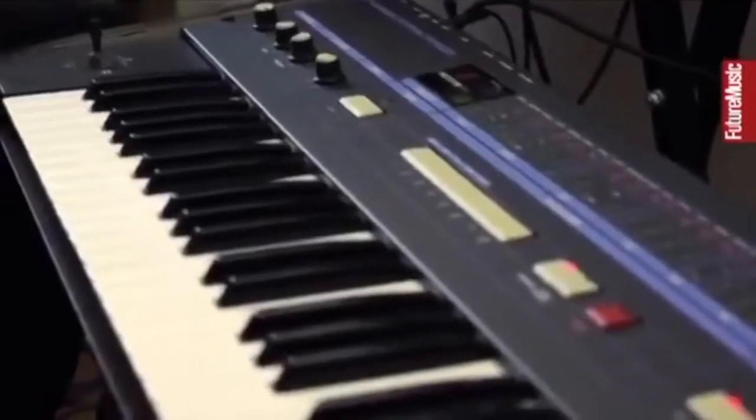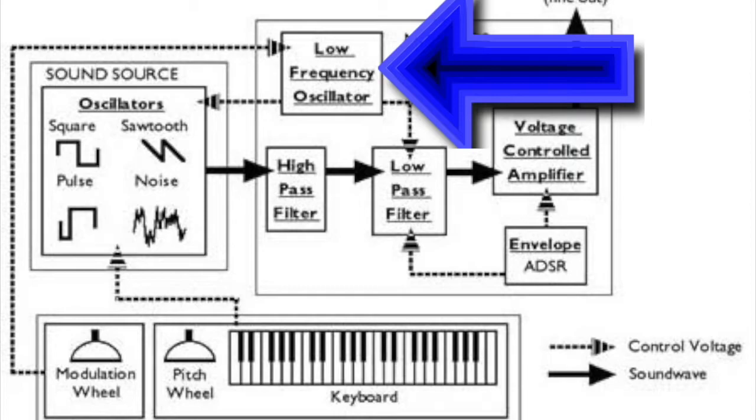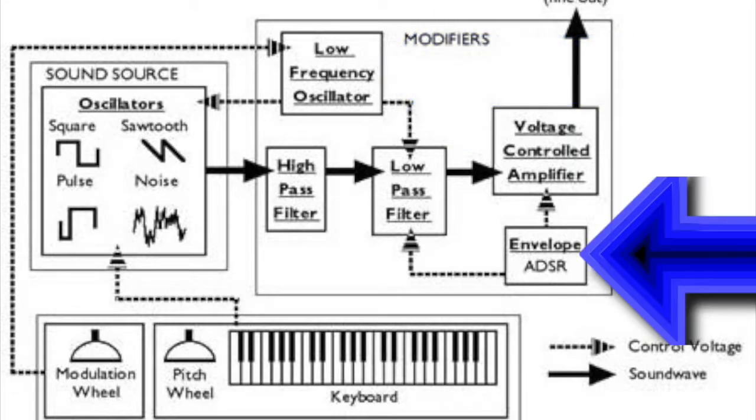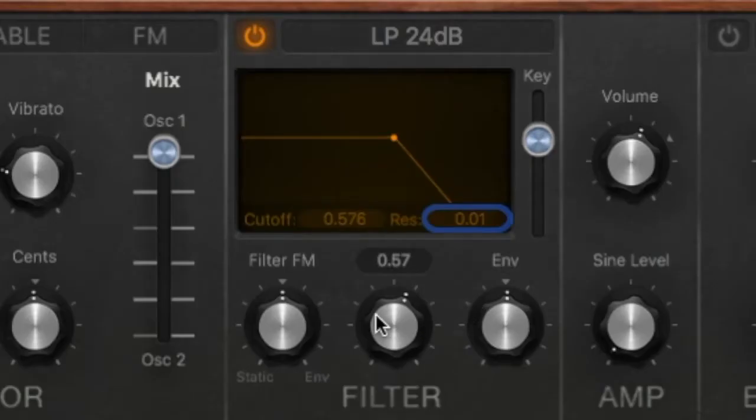We can make our sounds change over time by using modulation. The two most common modulation sources are LFOs and envelopes. To demonstrate that, I'll turn up an LFO knob in the filter section to make the LFO affect the filter.